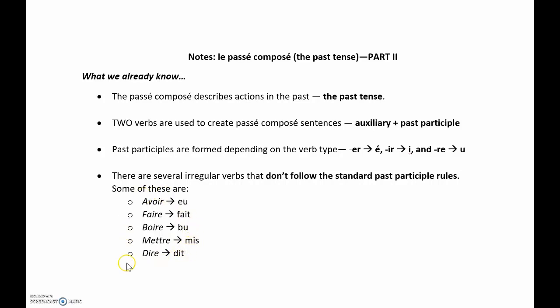Now, these are just 5 commonly seen irregular verbs that are used in passé composé sentences quite frequently, but there are several others. If you're looking for a more complete list, check the video that I posted about the Passé Composé Part 1. I have a really long list there that you can copy down or just make note of.